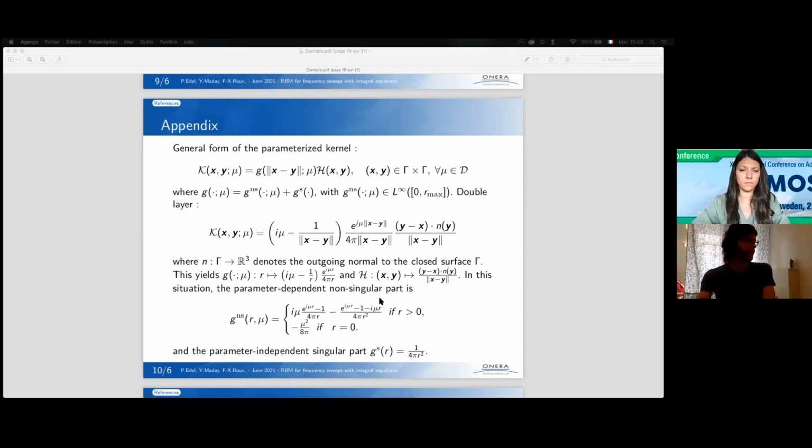To find the blue points, we simply work on the non-singular part, using the locally adaptive strategy. I hope this gives an indication on how these blue points are built.